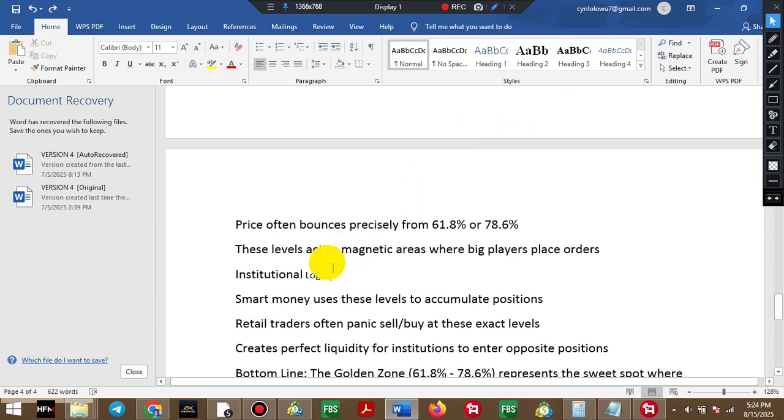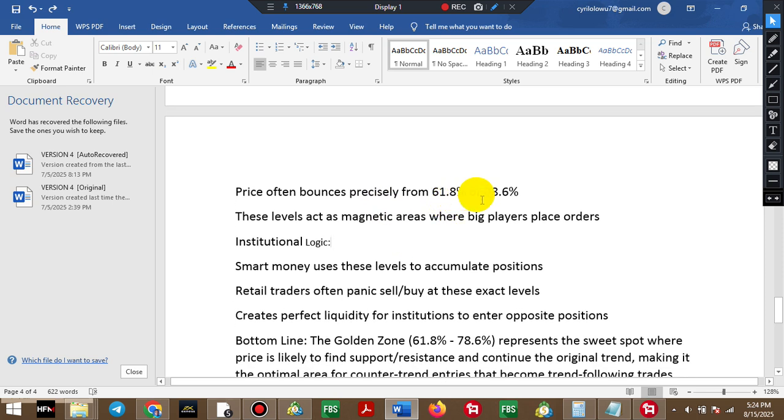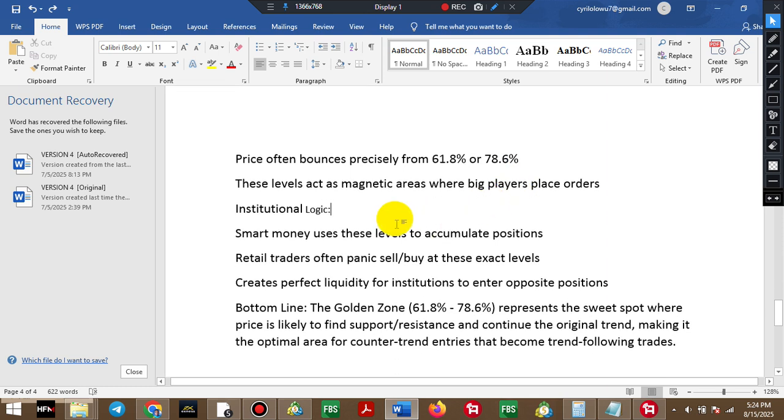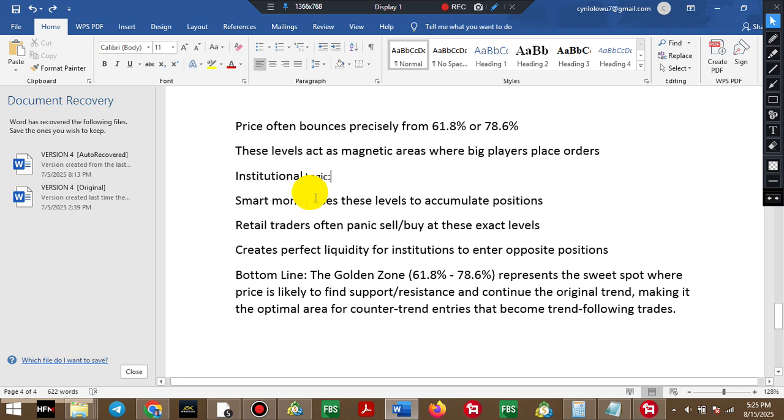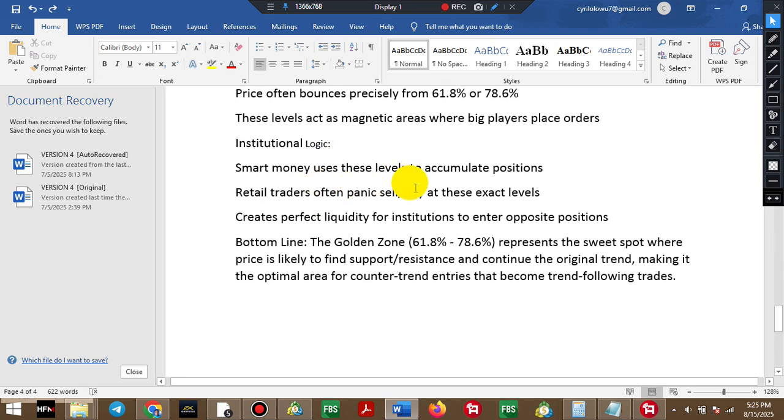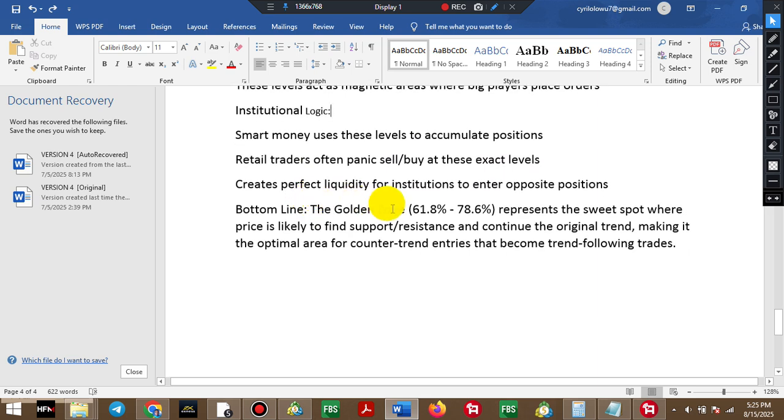Price often bounces precisely from 61.8% or 78.6%. This level acts as a magnetic area where big players place orders. That is institutional logic. Smart money uses these levels to accumulate positions. Retail traders often panic sell or buy at this exact level, creating perfect liquidity for institutions to enter the opposite position.